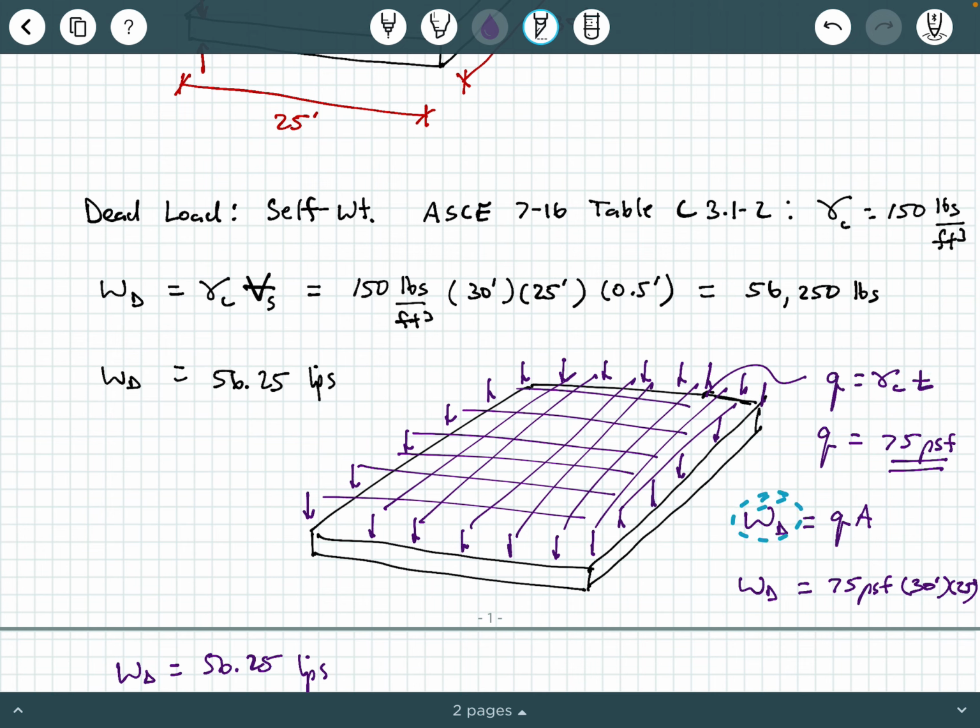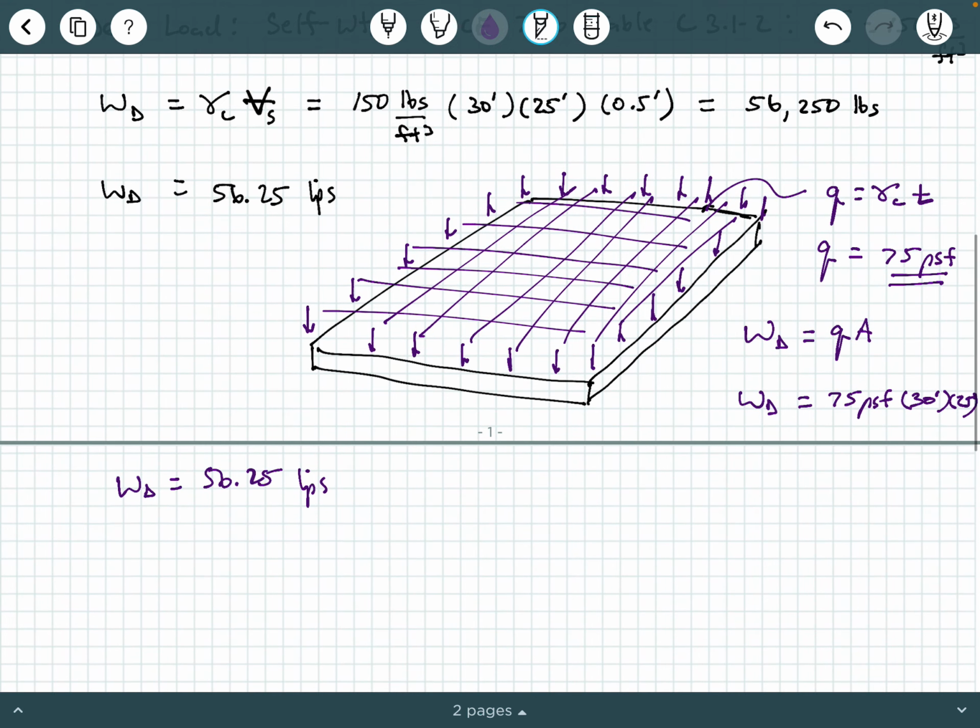Then the dead load is that number, which I called Q, times the area of the slab. But obviously, you should be able to see this algebraically, that this comes out to be the exact same as thinking about it in terms of unit weight times volume. Okay, so just two ways of thinking at it. But regardless, the dead load of the slab in terms of its self weight is 56.25 kips.